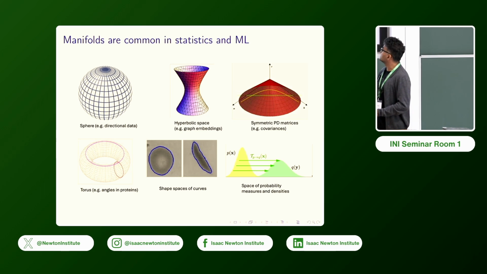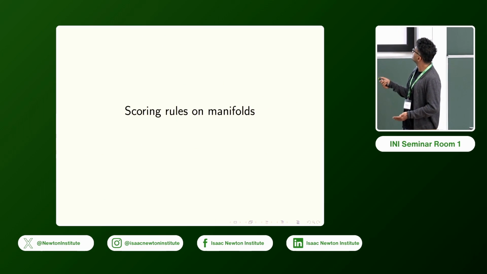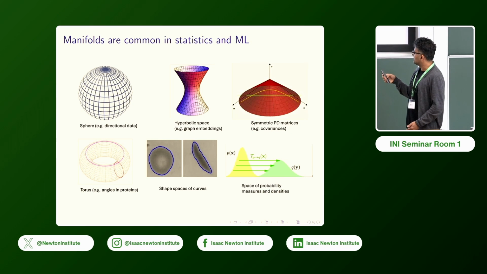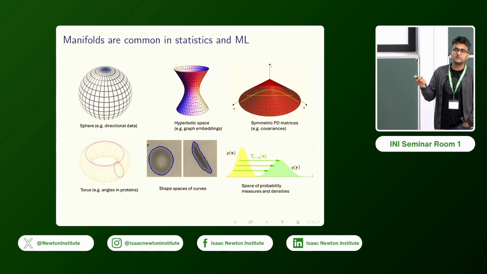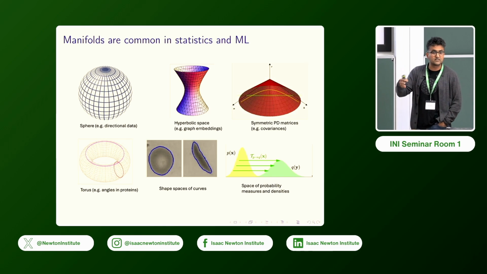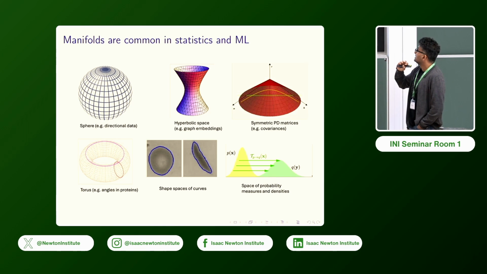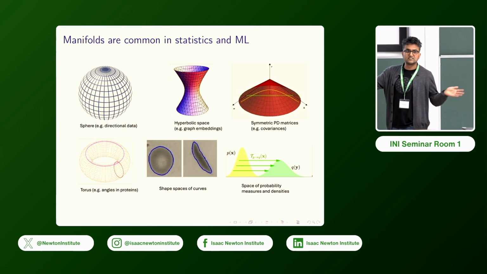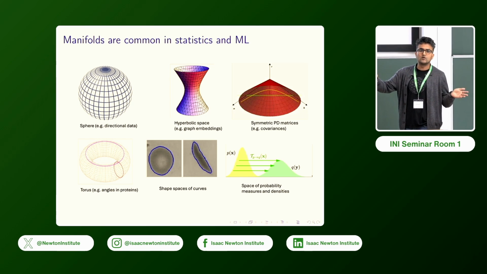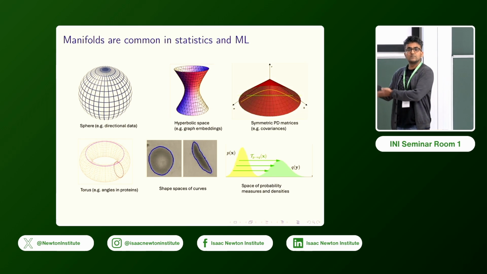If you have directional data, then typically you would think of points on a sphere, or if you have a parameter space with unit norm constraints, then it'll be spheres. If you're looking at graph embeddings and you want the distances between the nodes to reflect chances of forming communities or otherwise, hyperbolic embeddings are quite common.